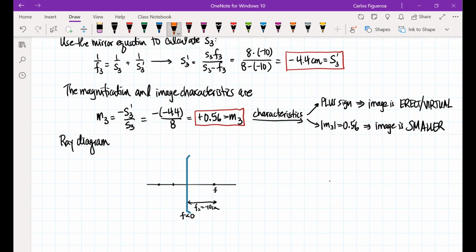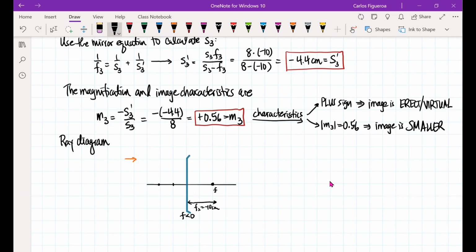Now remember, the light is still coming in from the left. So where is the object? The object is located at 8 centimeters. So let's be careful on how I set my scale. So if my focal length is 8, I'm going to say that each 2 squares is going to be my focal length right here. So where is the object located?